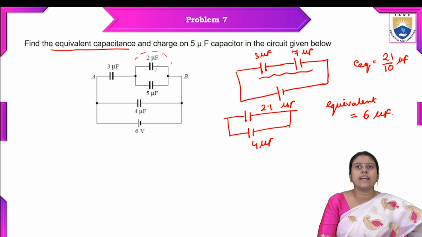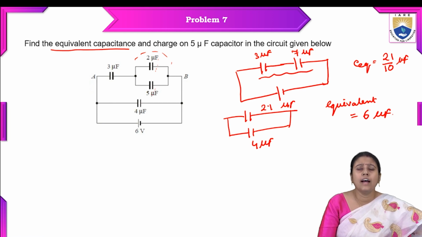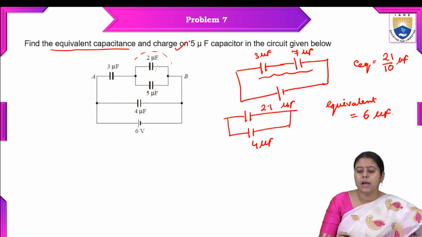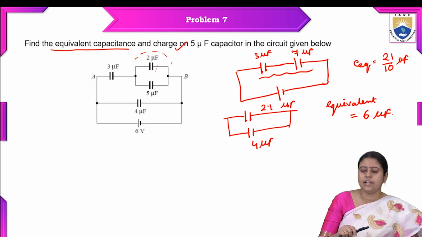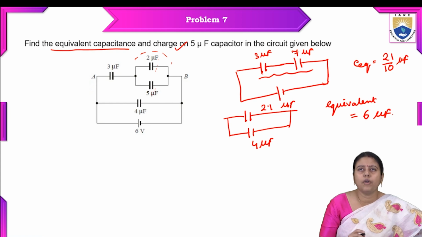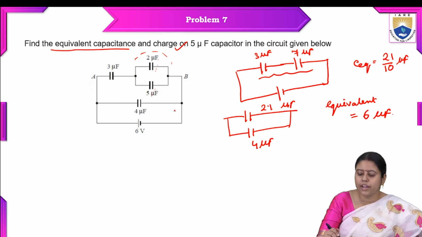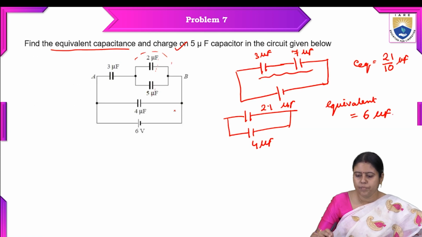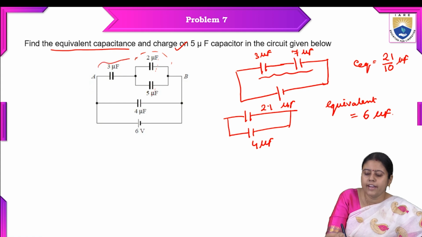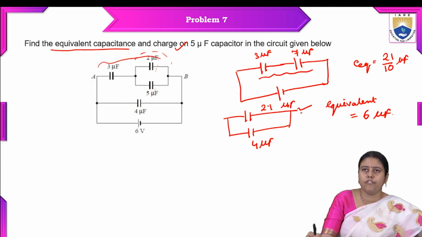Next part is to find the charge on the 5 microfarad capacitor. How to get this value? The equivalent of this line is 2.1 microfarad.